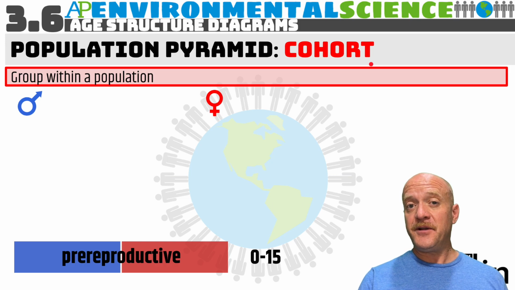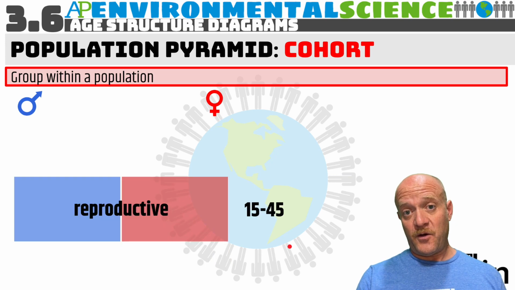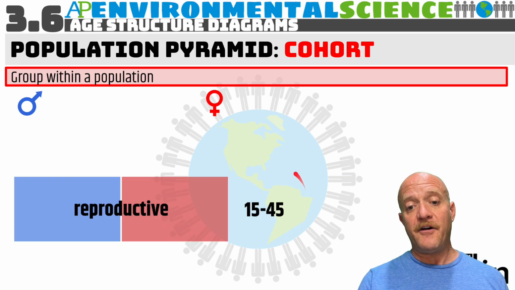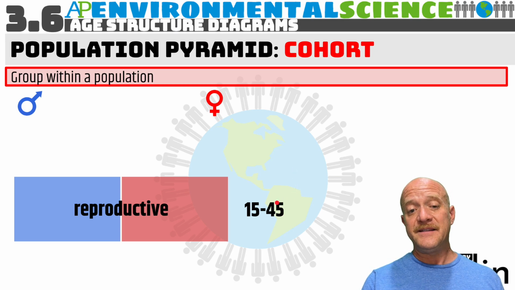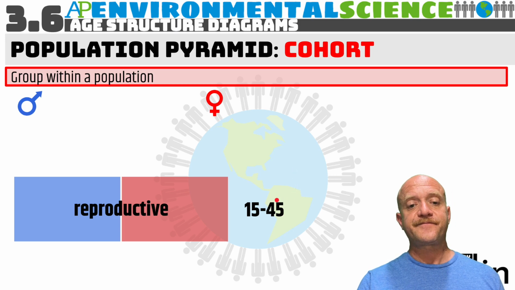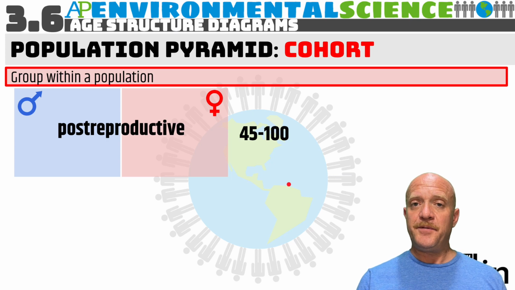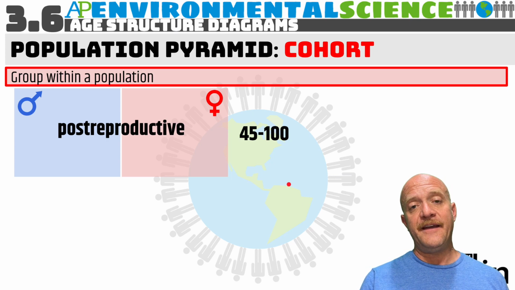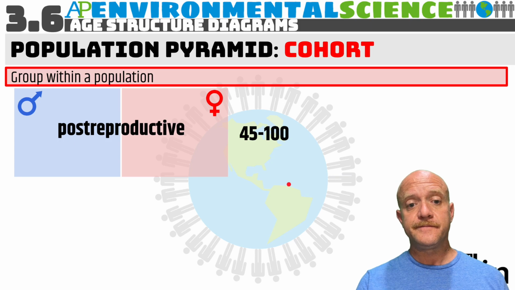We have the pre-reproductive cohort, or individuals that have not yet entered puberty. We have the reproductive cohort, those that are able to have offspring up until menopause for the females. And then we have post-reproductive, so this is from 45 years and onward.